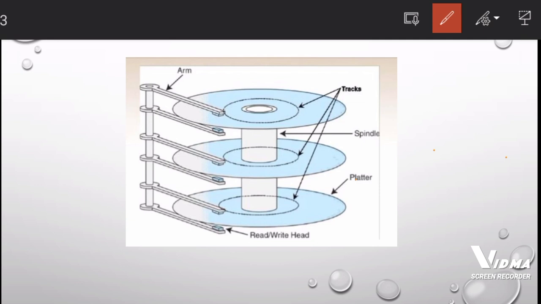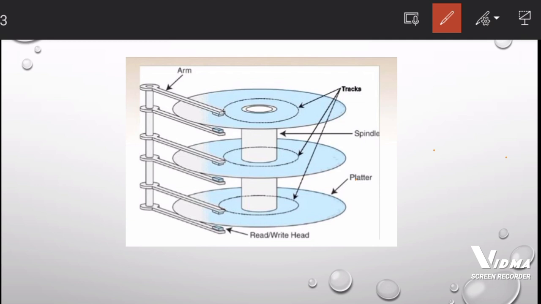First, you have to reach the platter. After the platter, I have to reach that surface. After that surface, I have to find the tracks, meaning on that surface, which track. There are so many tracks. After tracks, finally I have to reach the sectors.